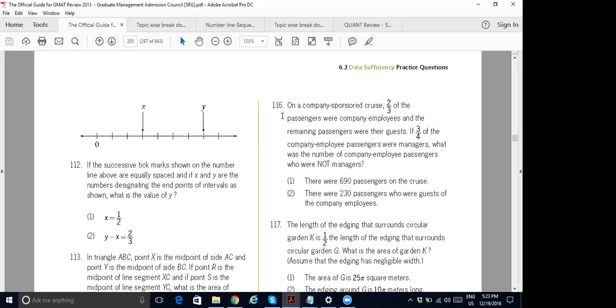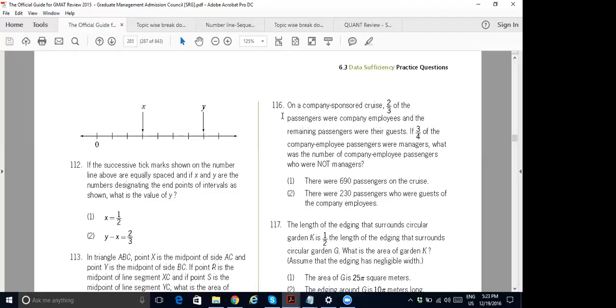Then obviously statement one, if you know X, as X basically is the total number of... no. Because what your x by 2 you are saying, that is the total number of non-managers, so that includes guests as well as the employees who are not managers.